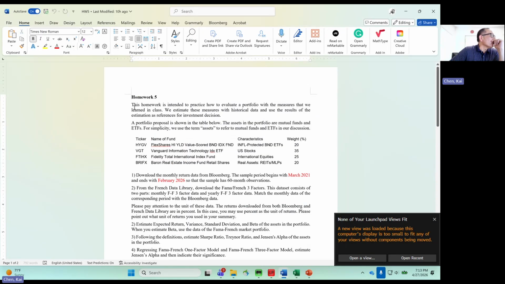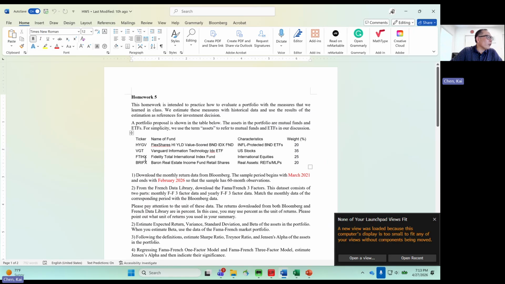This homework is intended to practice how to evaluate a portfolio with the measures that we learned in class. We estimate these measures with historic data and use the results of the estimation as references for investment decision. Now, we have this portfolio.